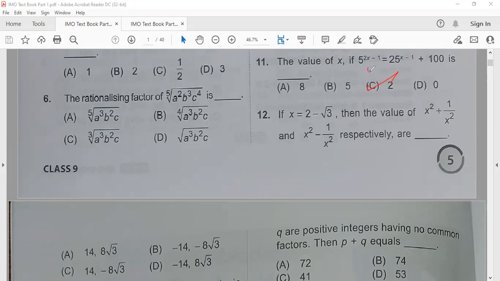Let us take 0: 5 power 0 minus 1 is 1 upon 5, 25 power 0 minus 1, it will not be 0, okay. So let us take 2. So 5 power 10 minus 1 is equal to 25 power 1 plus 100. So 5 raised to power 9 is equal to 5 power 2.